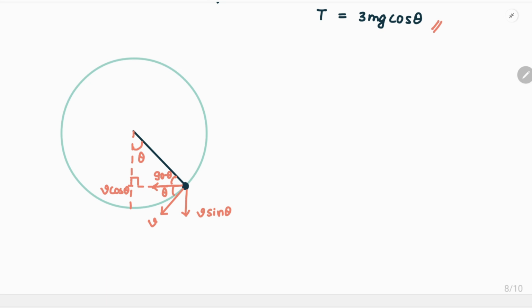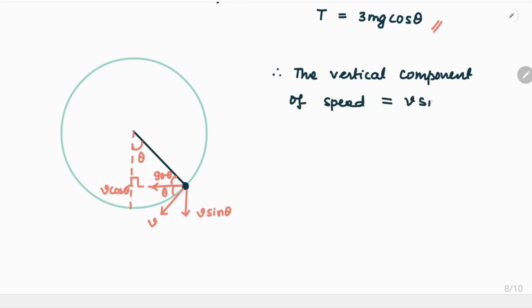The speed v is already calculated above, so the vertical component of speed, which is v sin theta, we write as the square root of 2gL cos theta, times this sin theta term.